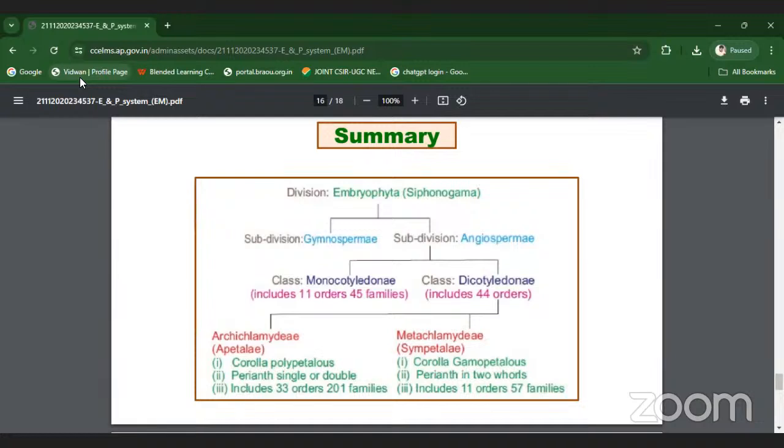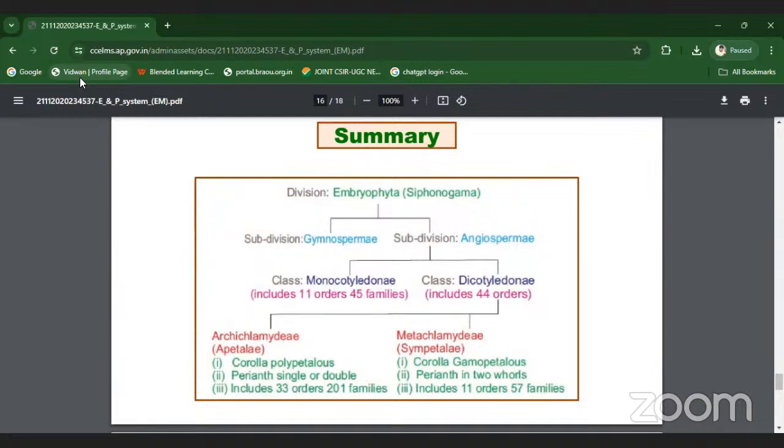The seven cells are the egg apparatus with three cells, the egg cell and two synergids, the central cell with the secondary nucleus, one cell with two nuclei, and lastly the antipodal cells, three cells with three nuclei. So this arrangement differs in the mature embryo sac.